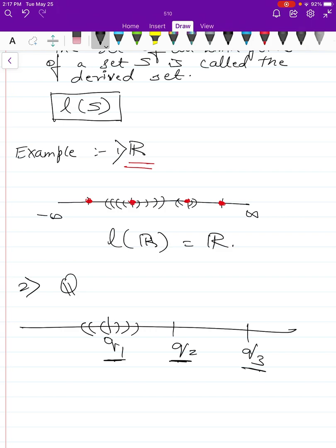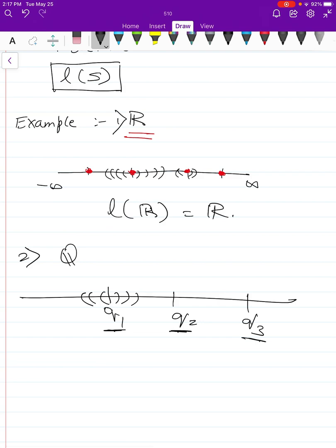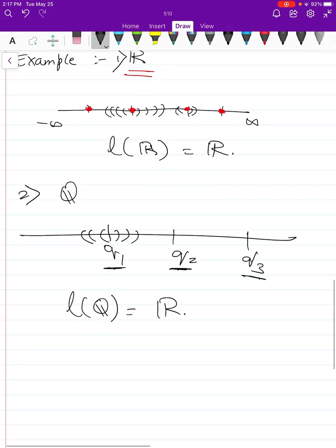Apart from q1 you will definitely have an infinite number of irrational numbers also. So what are the limit points of Q then? L of Q is nothing but the set R itself. Every real number is a limit point of the set of all rationals, so the derived set is R itself.